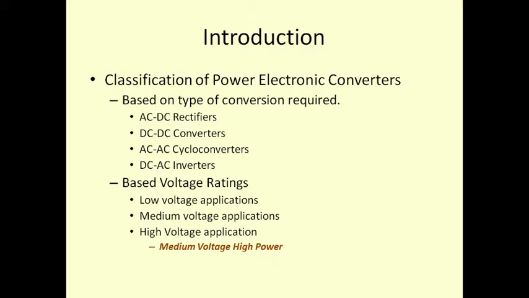This is one type of classification of power electronic converters. The other type of classification is based on voltage rating. According to our load or demand, we are going to design our power electronic converter. For example, for a low voltage application we don't require high voltage rating switches, so those will be known as low voltage applications.